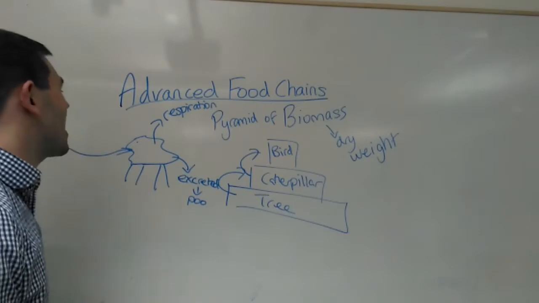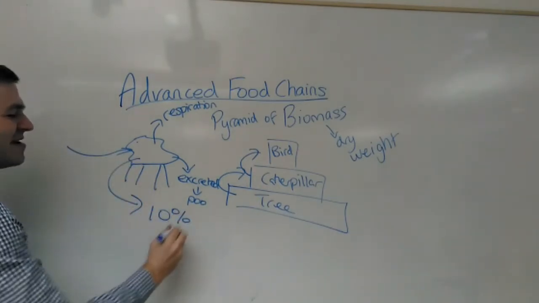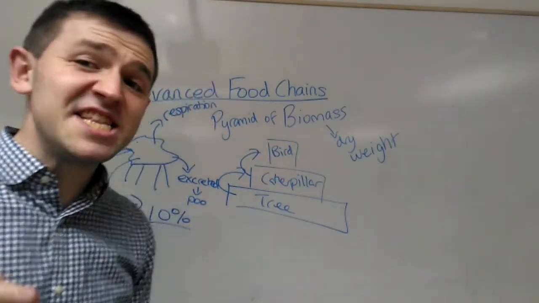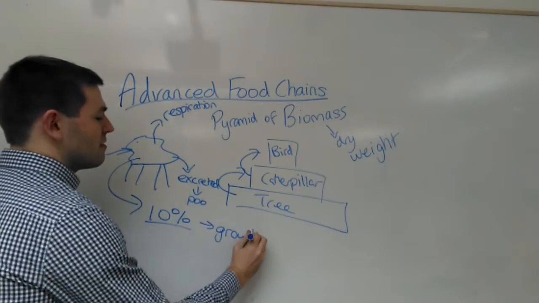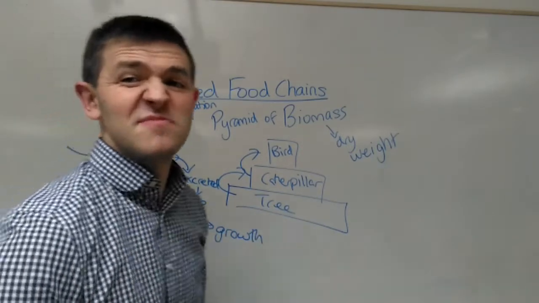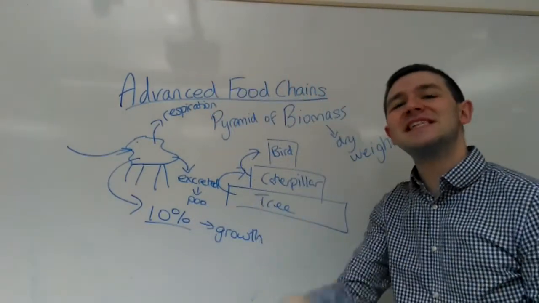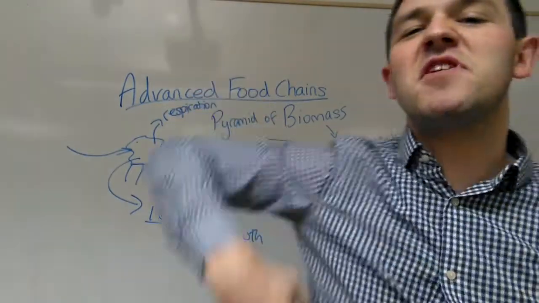We need it to make energy. What's left is about 10% of all the energy that is eaten by any animal, which is actually used for growth. Max. For growth, for repair, about 10% of the food we eat. Most of it's for energy, some of it comes out as poo.